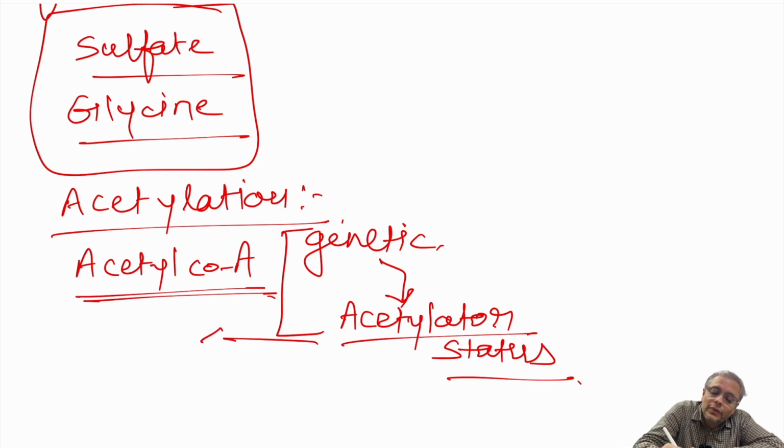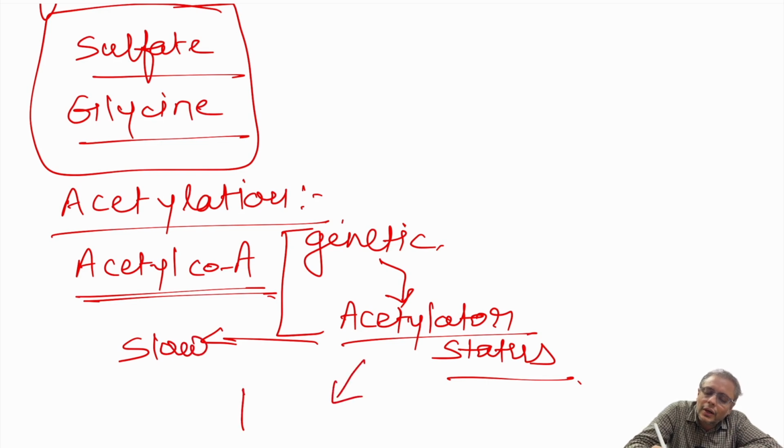Some may be slow acetylators, some may be fast acetylators. As we have discussed, except for a few cases, at the end of phase 2 reaction the drug becomes inactive.